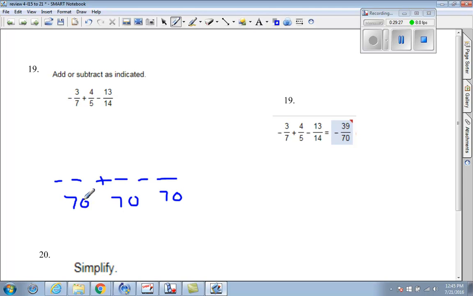7 into 70 goes 10 times 3 makes 30. I just kind of do the mental math. Let's try again. 5 goes into 70 how many times? 14 times. And 14 times 4 is something. And sometimes I have to go off on the margin and think about it, especially if I'm not using a calculator. 56.